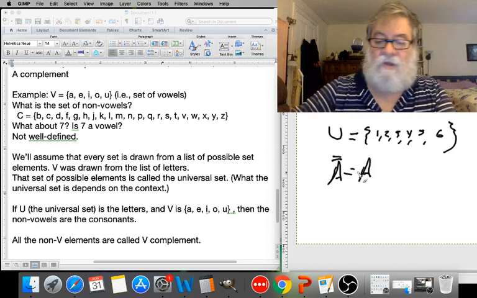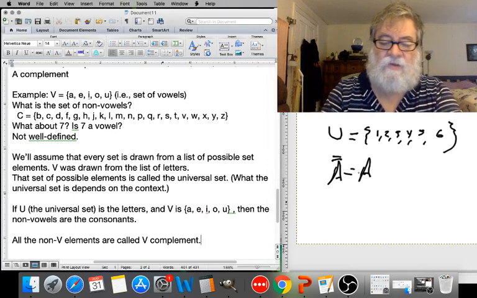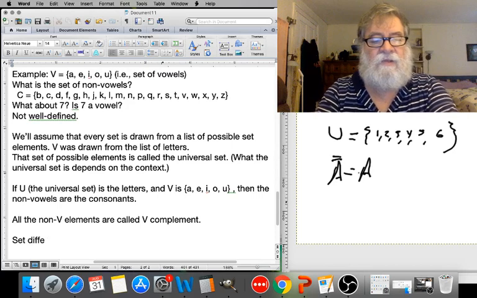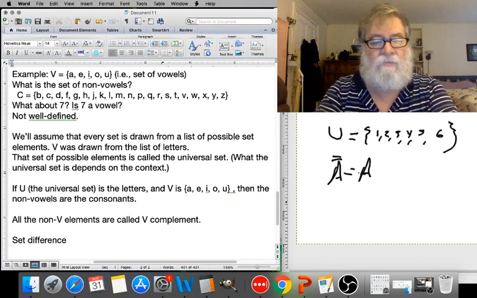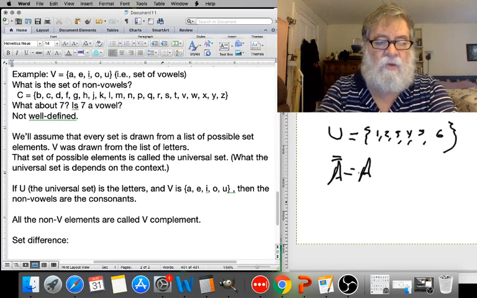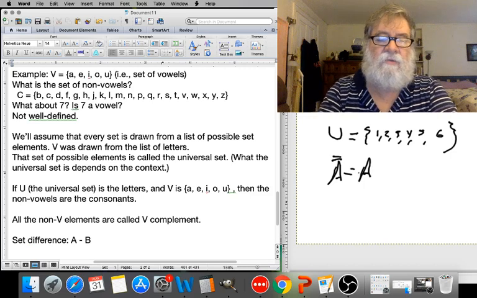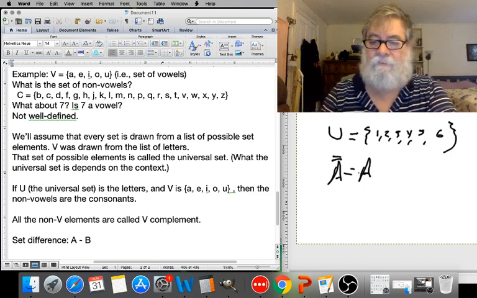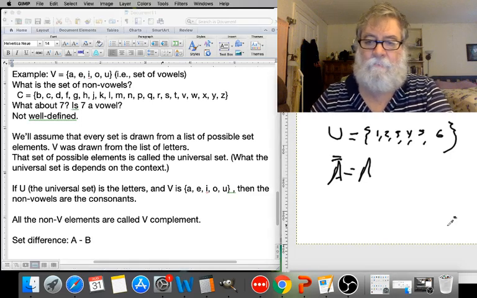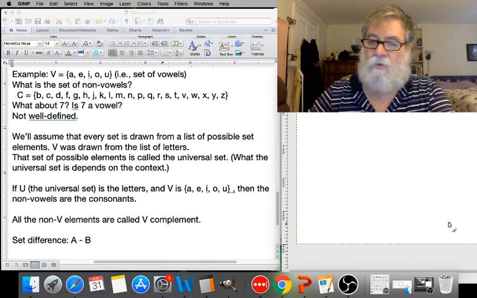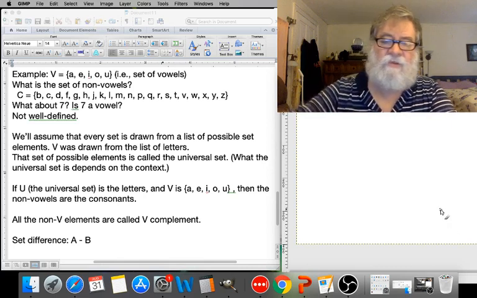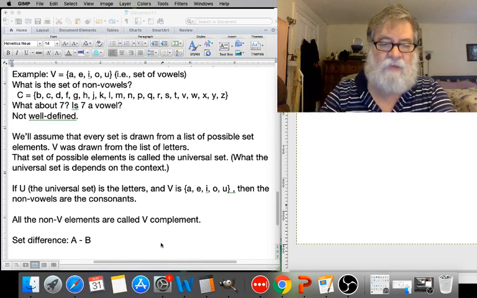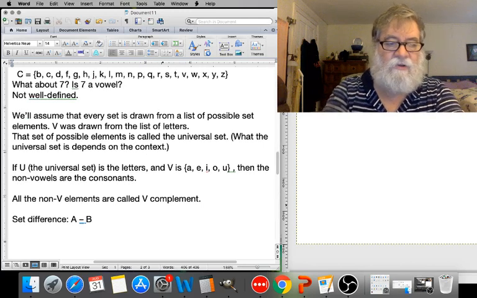So complements are worth looking at. There's a set difference operation where you say A minus B. The way that works is like this. I don't even need the tablet for that because I can do that on the screen.